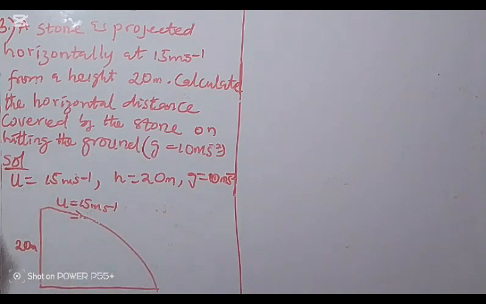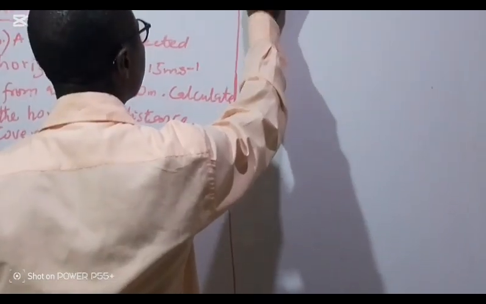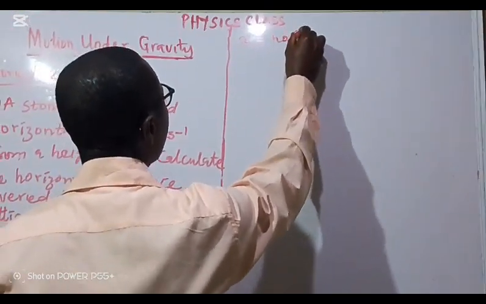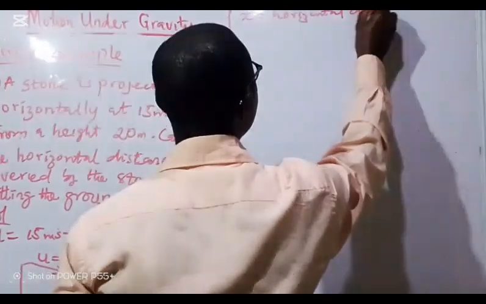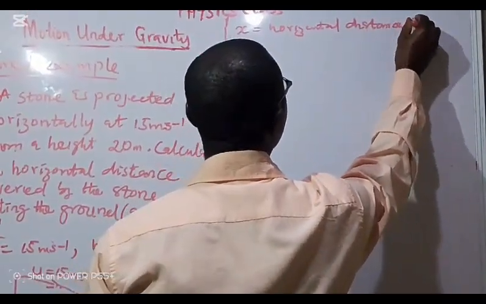And the question asks us to calculate the horizontal distance covered, that is from here to here. So let's call it x. That's the horizontal distance covered.